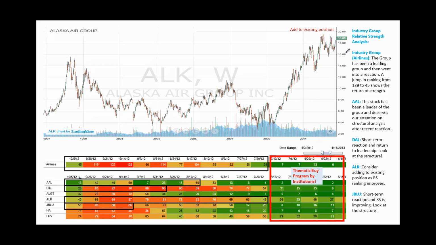And the reason why that happens is because as a leader like Alaska is being overextended at some point, the valuation for other stocks in the same industry group becomes very attractive to institutions. They see those stocks as the undervalued asset in the leading industry group. And therefore, they want to go in and pick up that undervalued asset and mark it up.